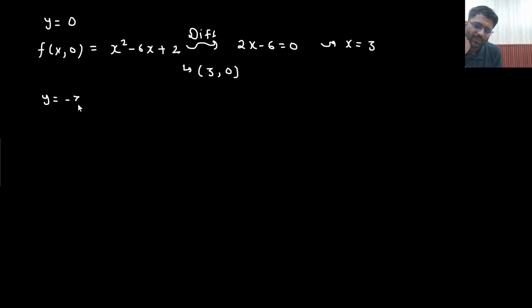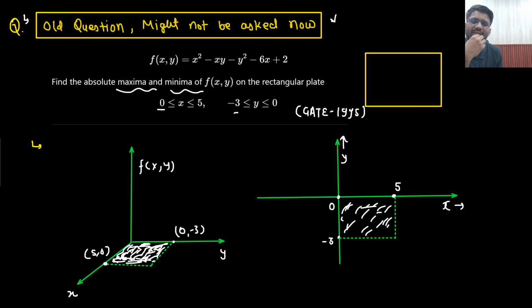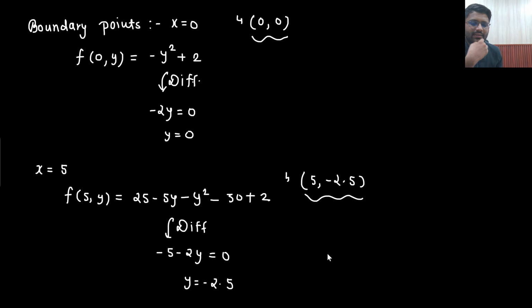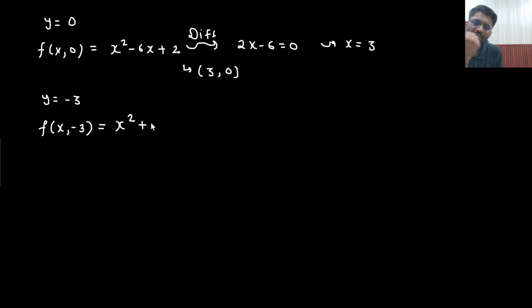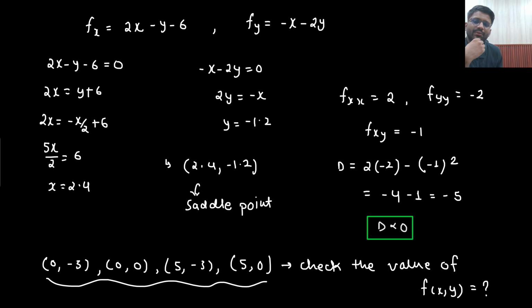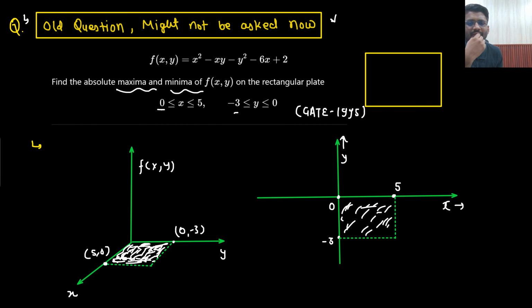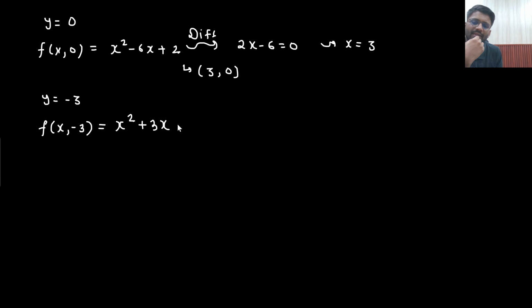Then y equals to minus 3. So x square, plus 3x, with y equals to minus 3, so minus 9 minus 6x plus 2.